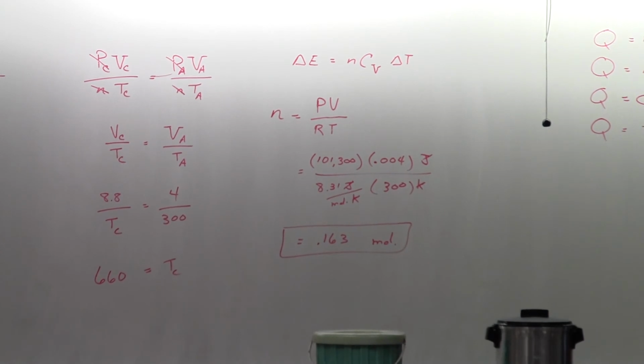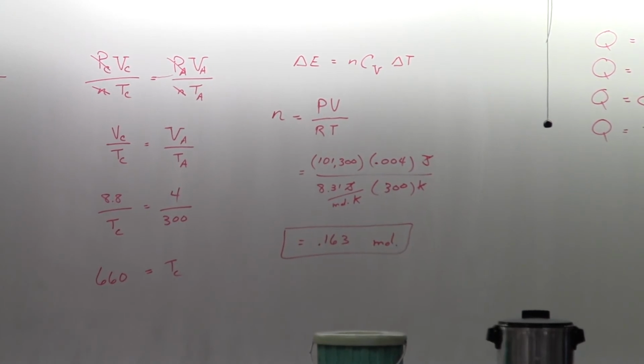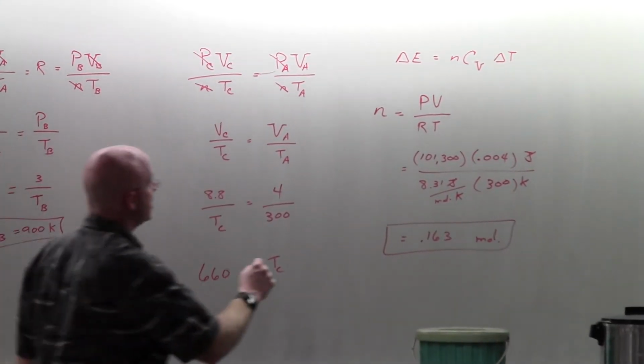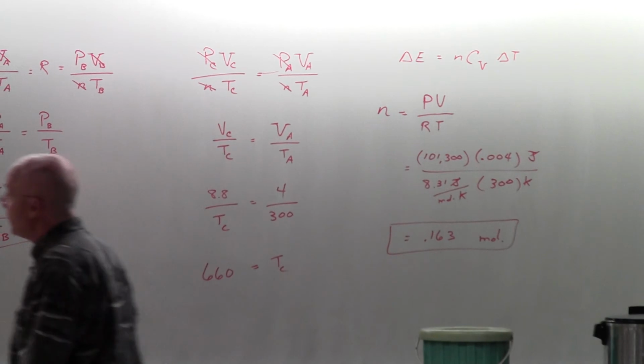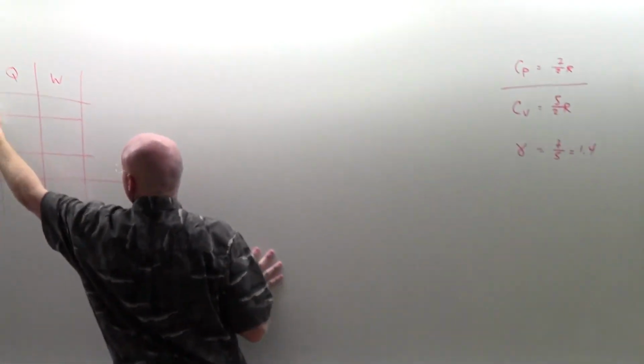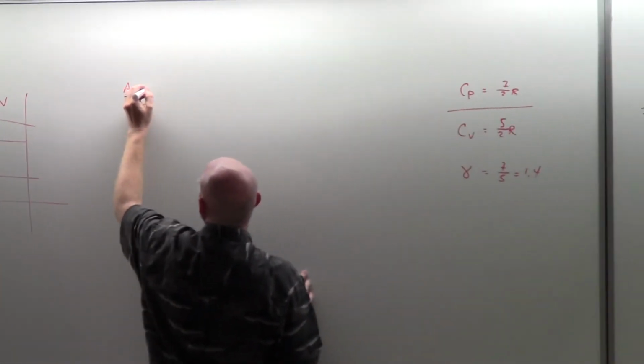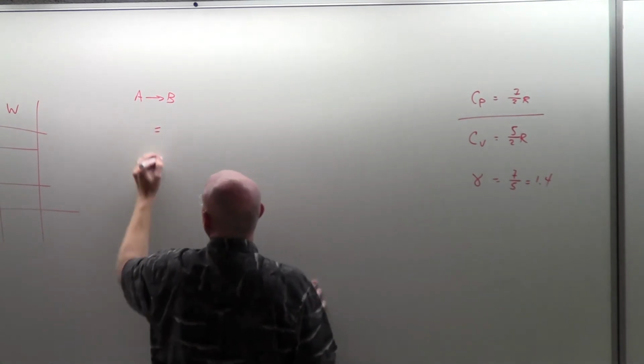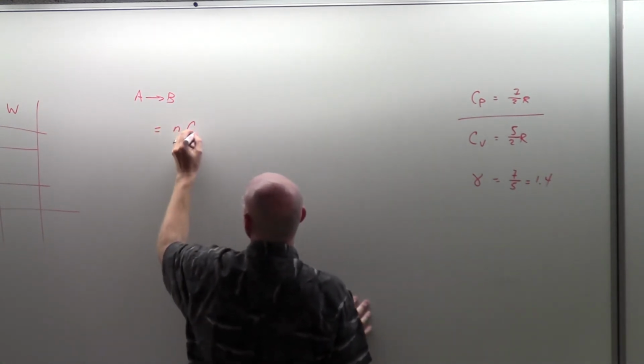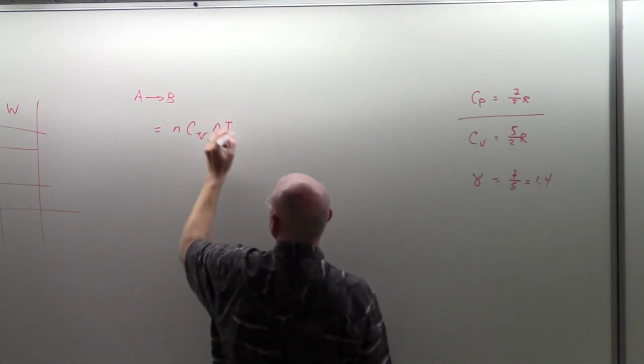And like I said earlier, the reason that is very helpful is that I can find all these energies right here. Okay? And so, looking at A to B, I would have N CV delta T.